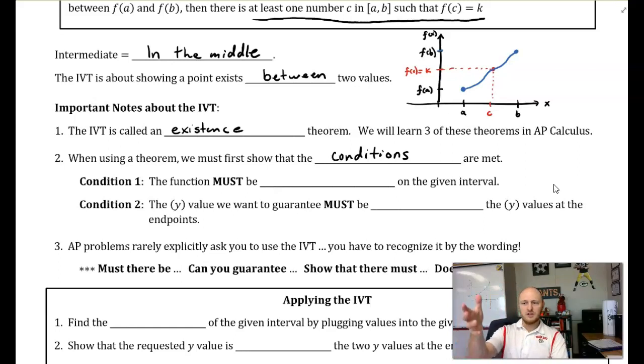In order for Thor to call his hammer Mjolnir, he has to be what? There has to be a condition met, and he has to be worthy. Thor must be worthy in order to summon his hammer. So we have to satisfy the conditions in order to use the IVT. So what are the conditions?